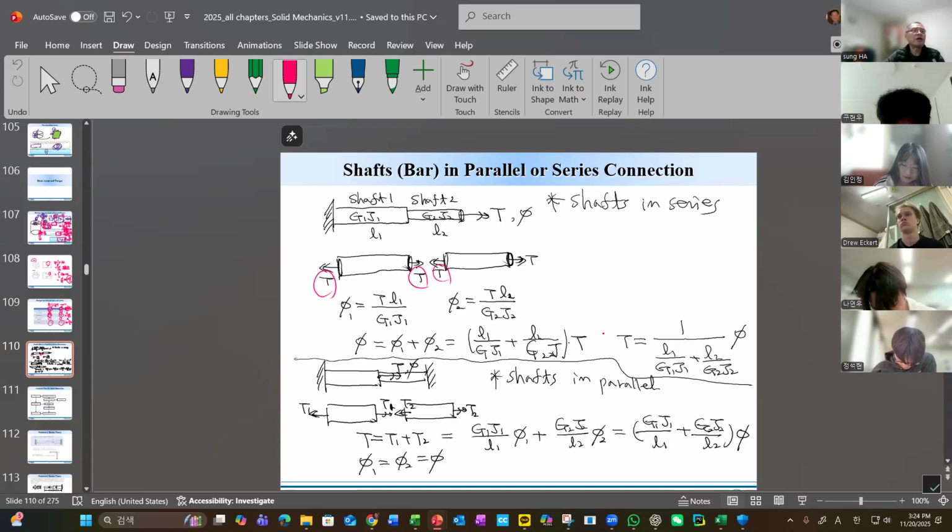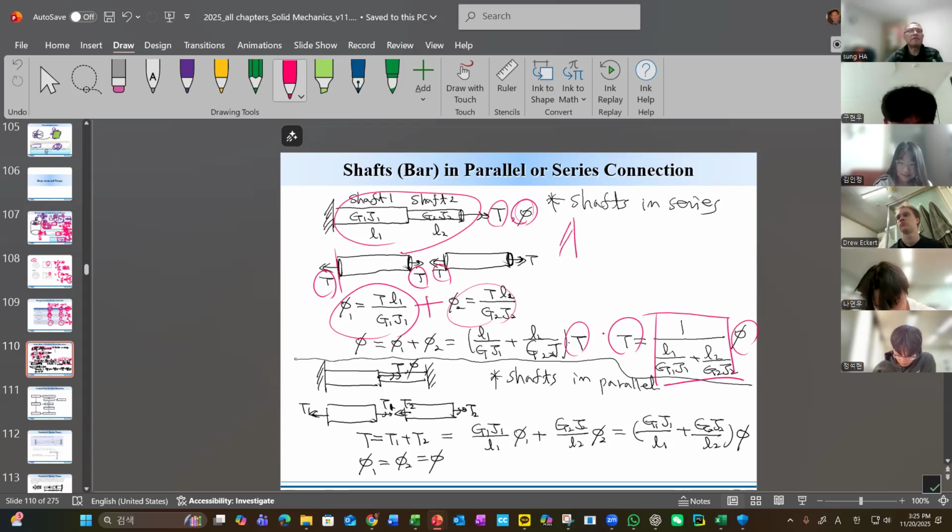So this one, we have a rotation of this much, and we have a rotation of this, and then to obtain this phi, we have to add this, and then we have this one. So for the whole shaft system, we have T and phi and T and phi. This is the one we have.